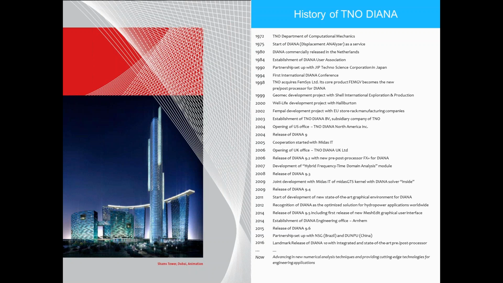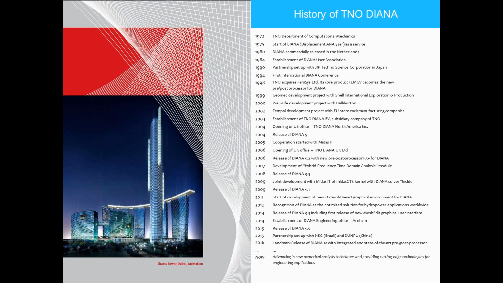Since then we developed our program, we added more features and capabilities, and in 1998 we acquired FEMSys. It was a British company, and we used their product FEMGV to be integrated in DIANA, and therefore we introduced iDIANA as the system of modeling and defining the analysis in the program.